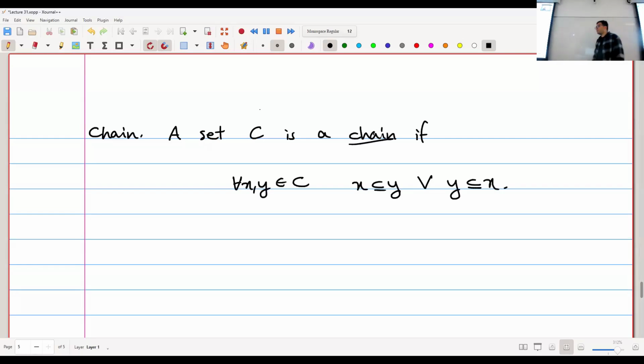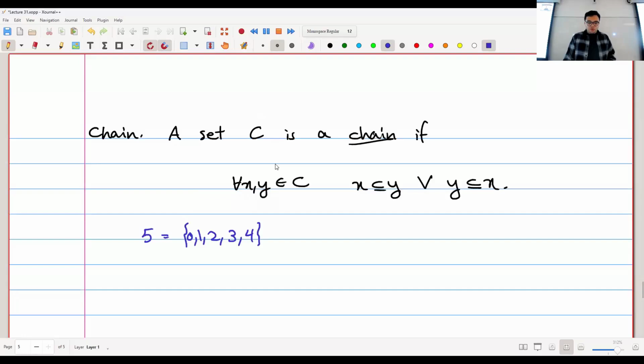Now, this might look weird to you, but just think of any natural number. Any natural number is a chain. For example, the number 5 was just the set 0, 1, 2, 3, 4, since we started with 0. That was how I defined 5.